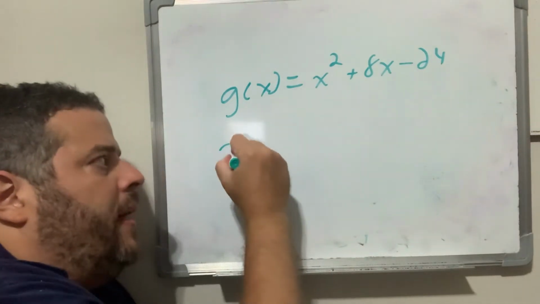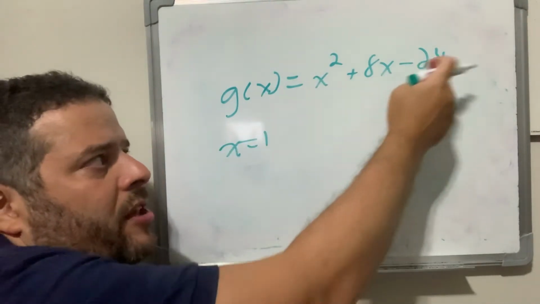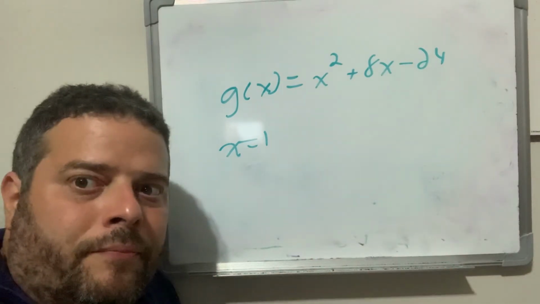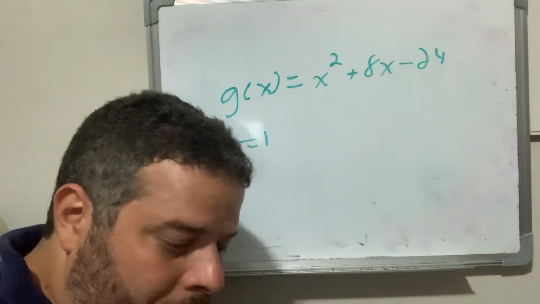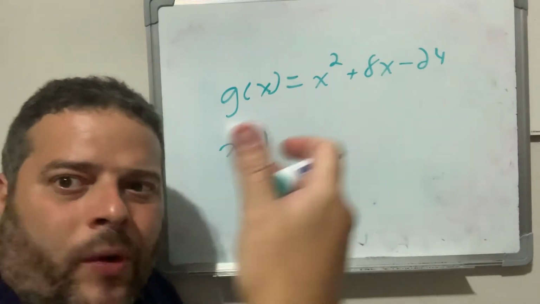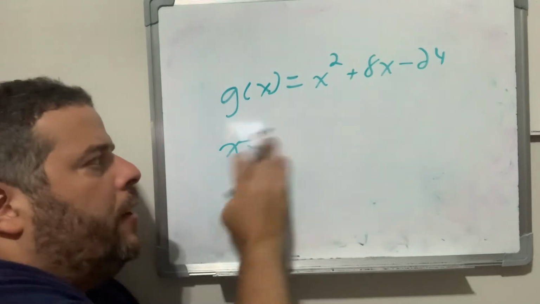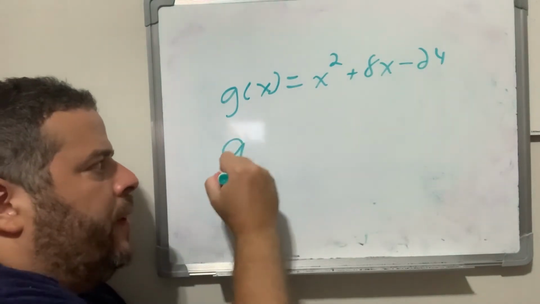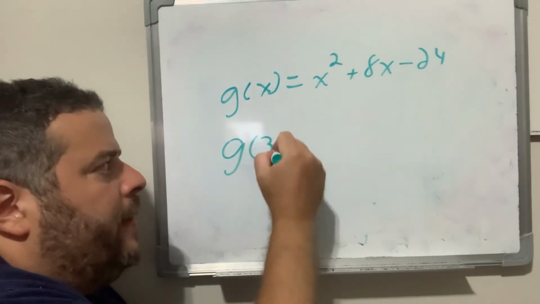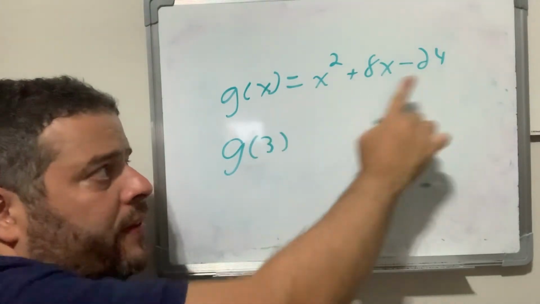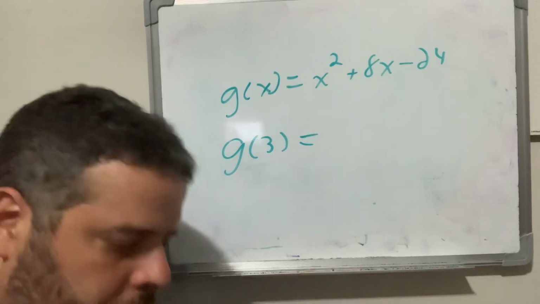Like, for example, x equals 1. You just substitute all your x values for 1, and that would find the value for the function when x equals a particular value. That's one way, x equals 5. Another way, and you should know this, if they give you a number in the parentheses, that means you just substitute all the possible x values for this number, and that would be the result.